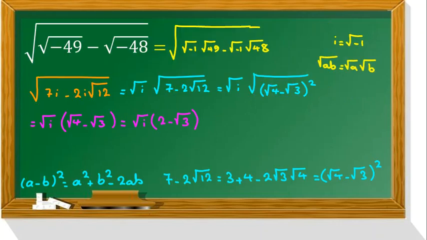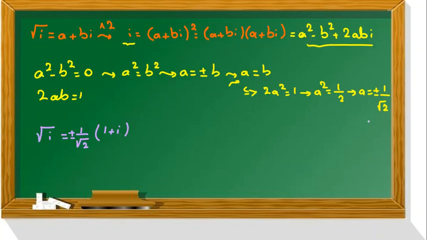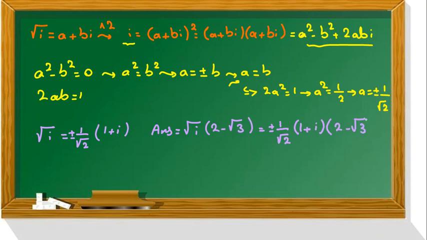Now, if we consider the answer, root i times (2 minus root 3), it will be plus or minus 1 over root 2 times (1 plus i) times (2 minus root 3). So the answer is this. You can also simplify this further.